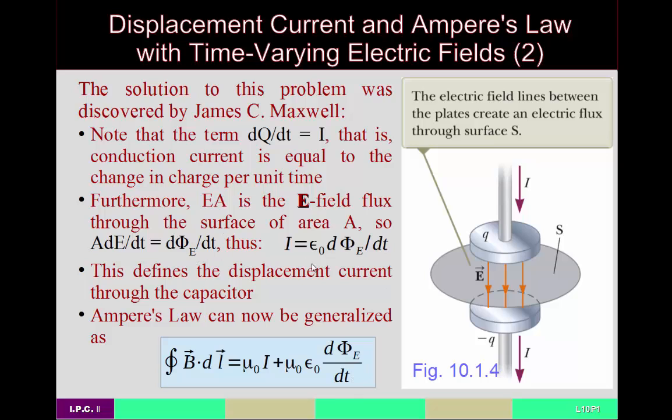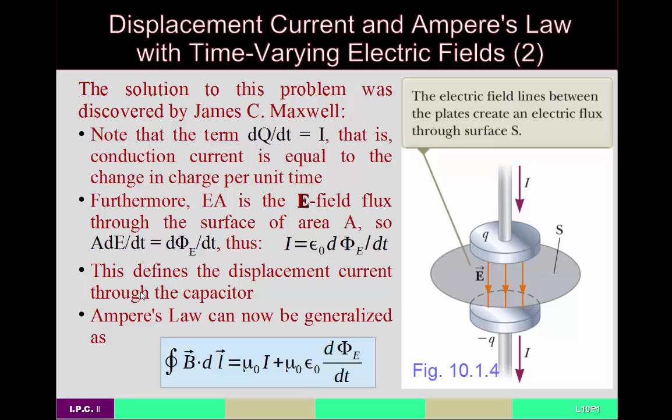And so therefore the current should be the permittivity of free space times the derivative of the electric field flux with respect to time. So this conduction current should be equal to the derivative of the flux of the E field produced between the two plates with respect to time.